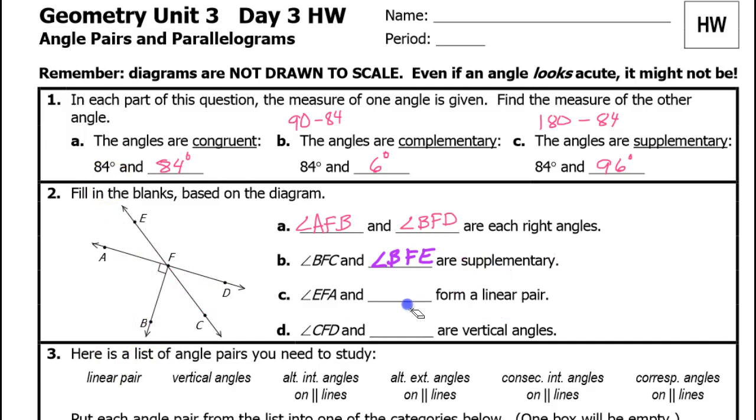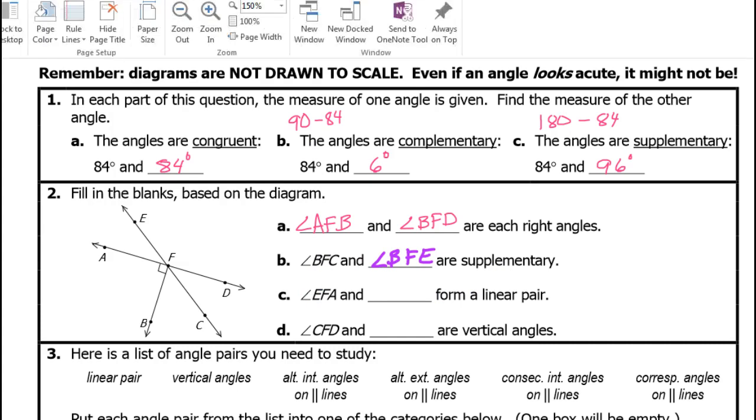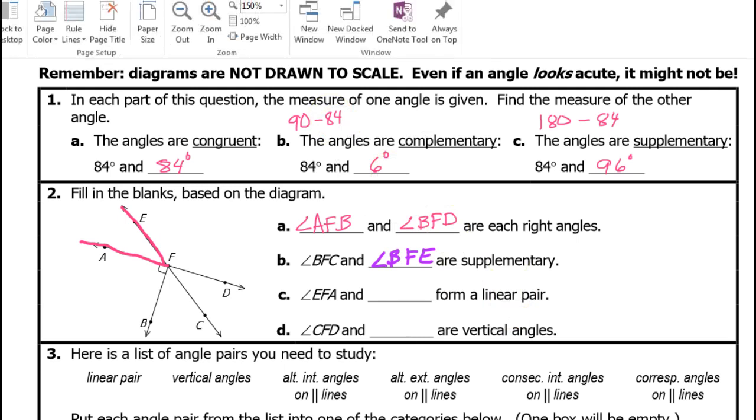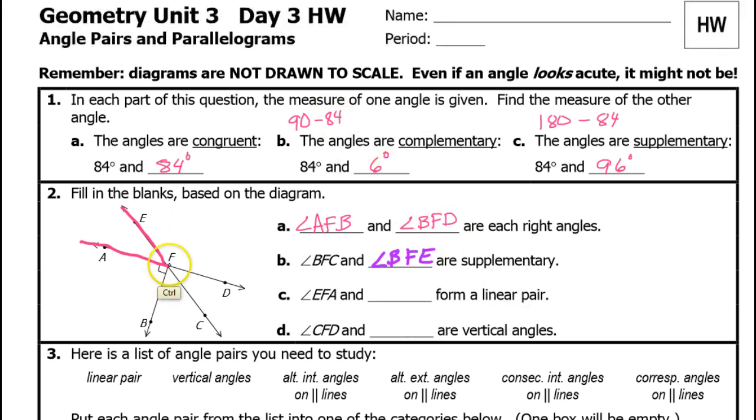So it's going to be almost the same thing for the next one. Angle EFA. Okay, so I'm going to trace from E to F to A. And what angle forms a linear pair? So here again, I need to make a straight line. Okay, so I think there are two choices this time.